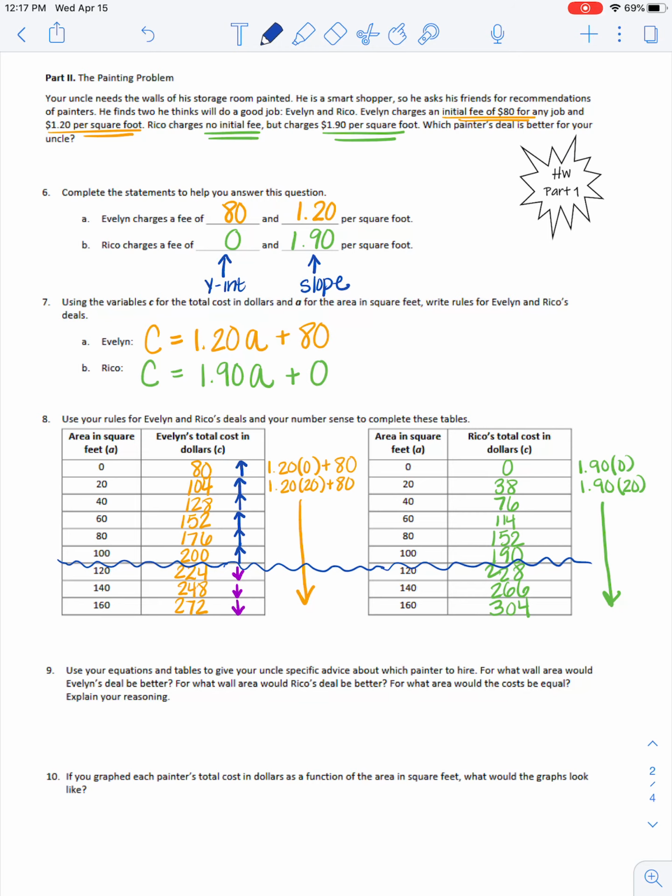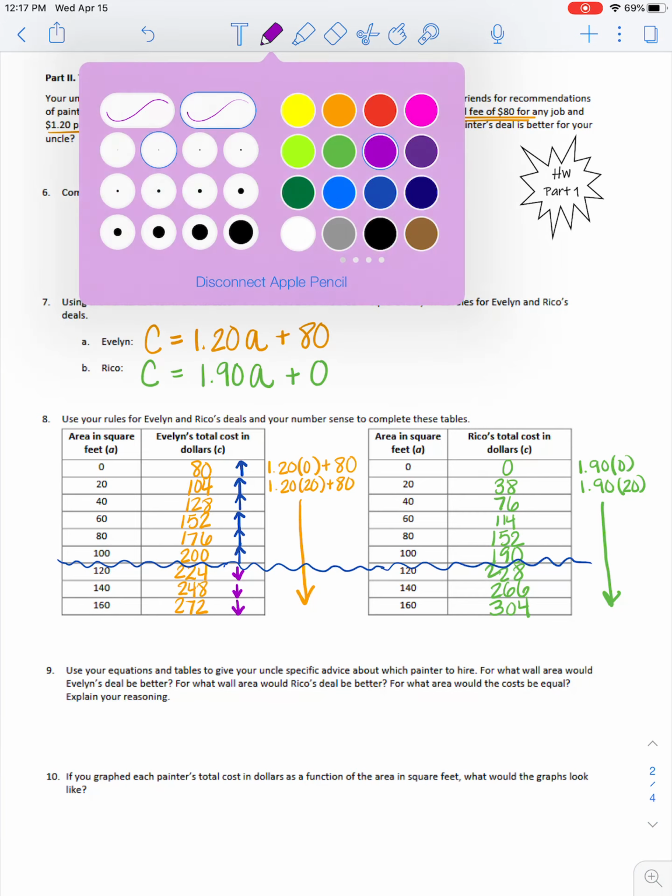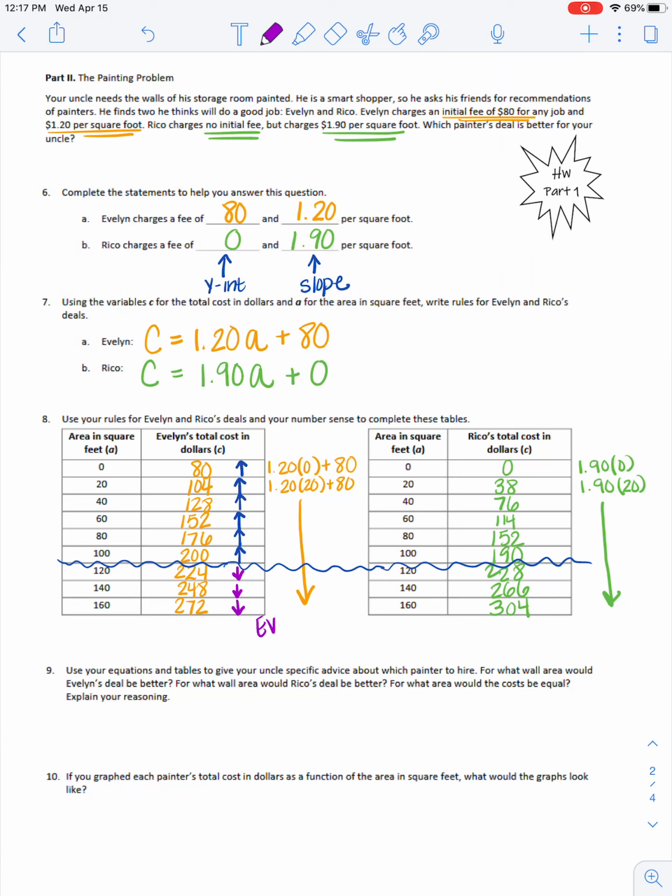So if we're going to answer when is Evelyn's deal better, well, Evelyn is cheaper after 100. So Evelyn is the better deal for 120 square feet and higher.